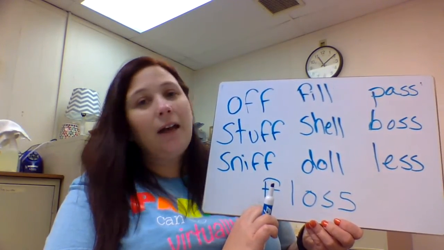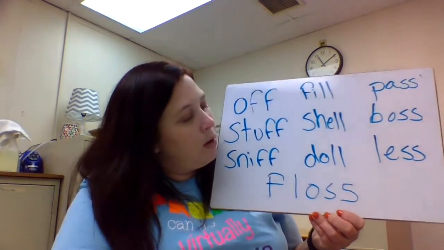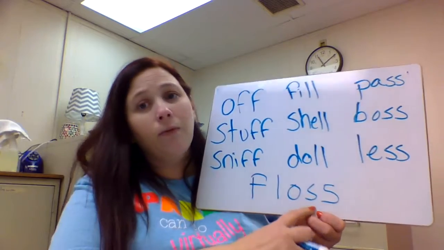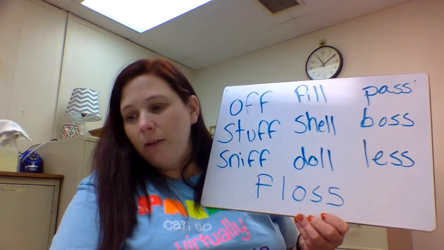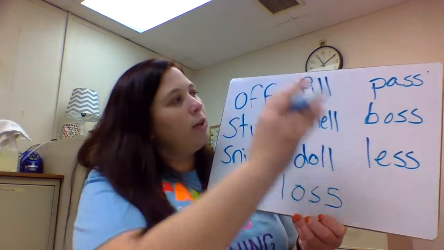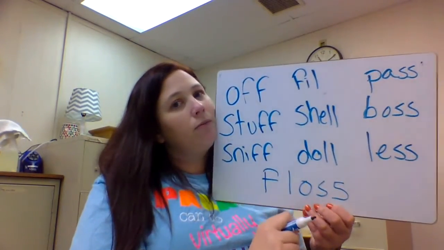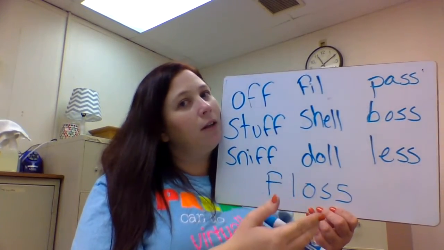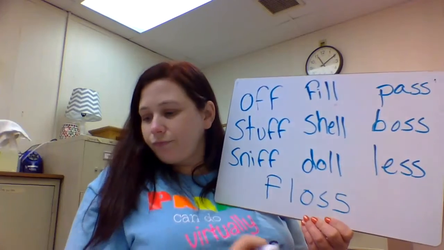So we're going to look at a new rule, and this rule is called the floss rule. We call it the floss rule because the word floss follows this rule, and it helps us remember how we're spelling these words. So when we're looking at these words, you could think that you could maybe just do one L. It still says fill, but we need two L's based on our rule.